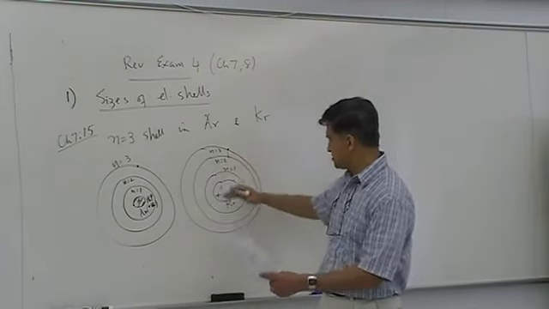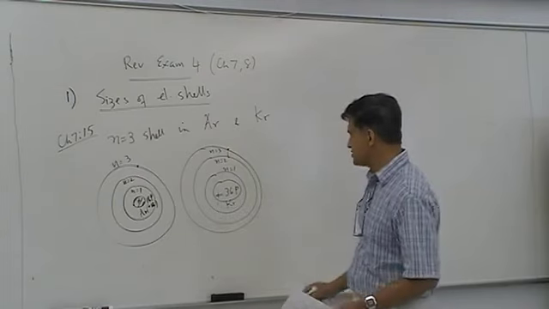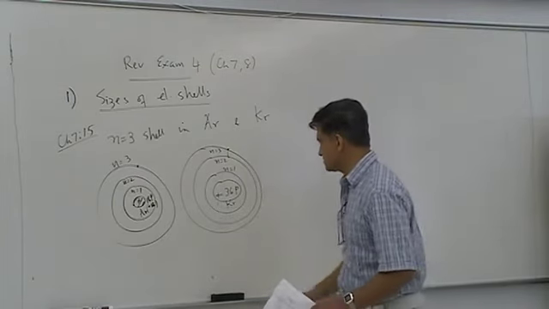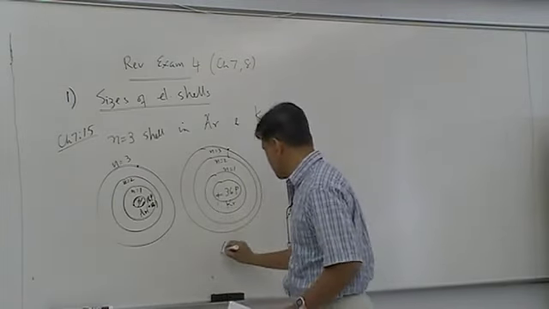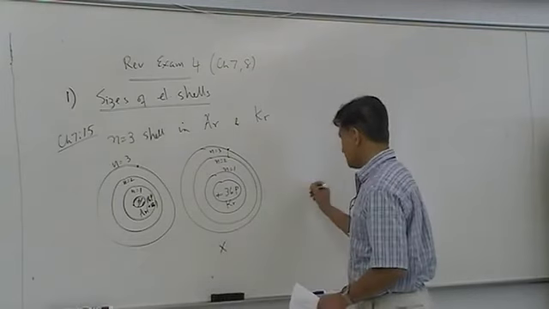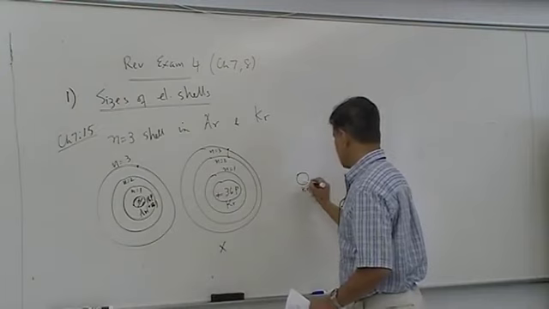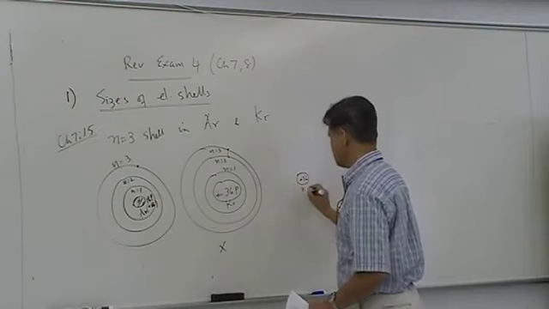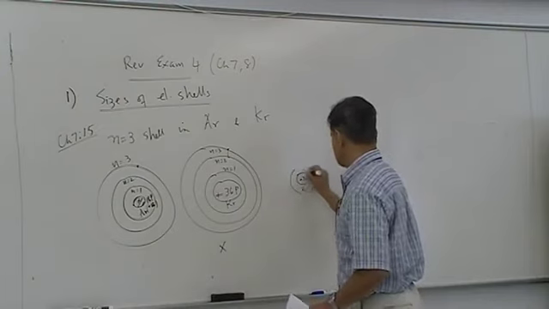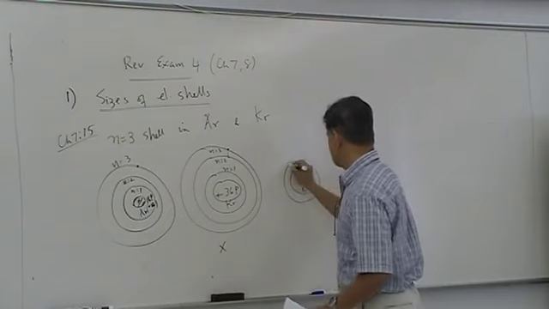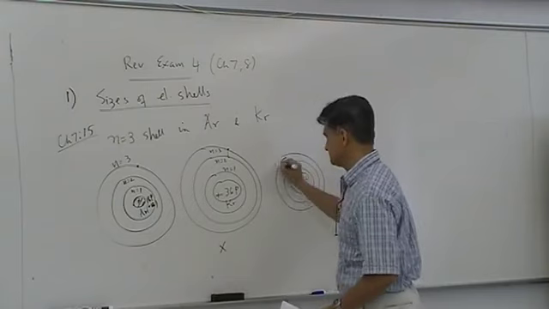So the shells of 1, 2, 3 get much closer to the nucleus. So let's redraw these. This is not the right size. The size for krypton is going to look like this. So this is krypton plus 36. This is n equals 1, n equals 2, n equals 3.